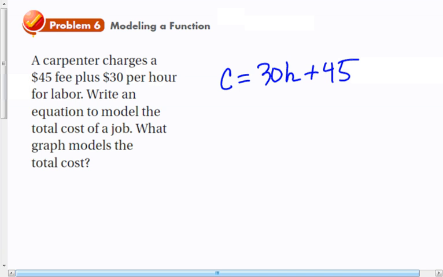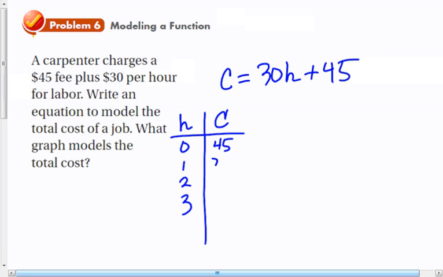So if I were to make a little cost table here, where I have my number of hours and my cost, 0 hours would seem to be $45, and then every hour would add another 30 to that.